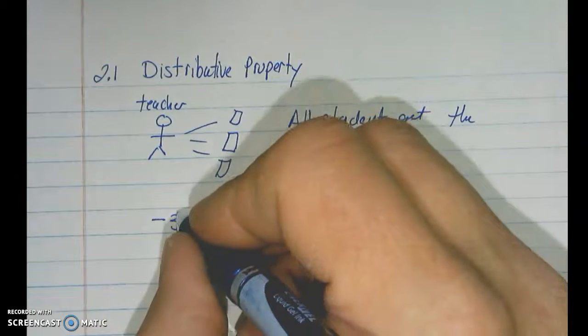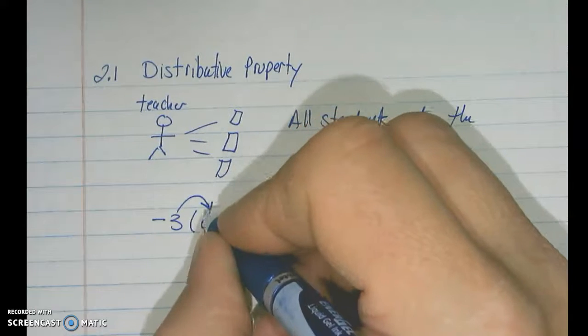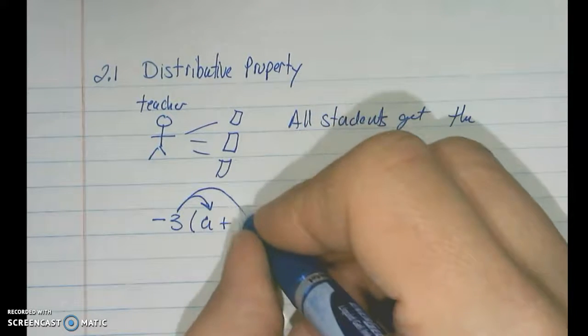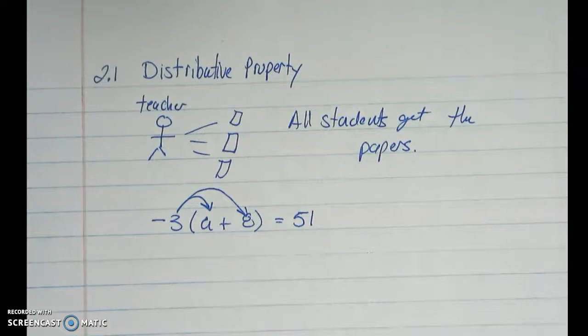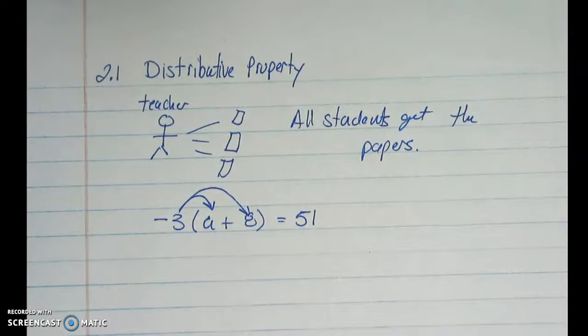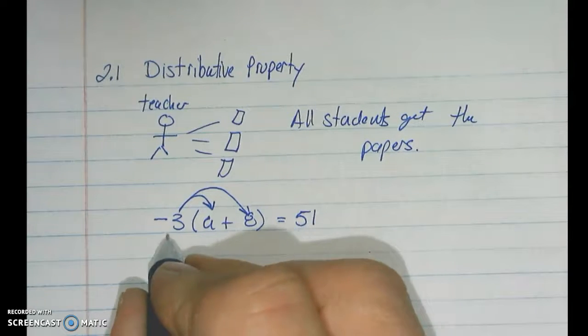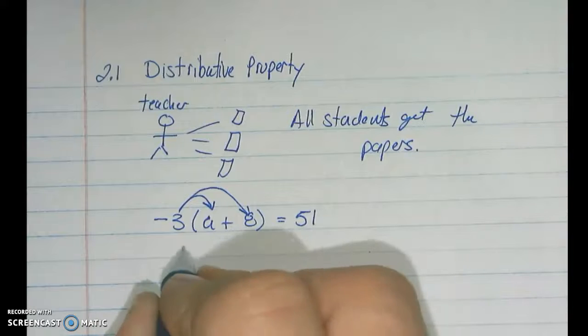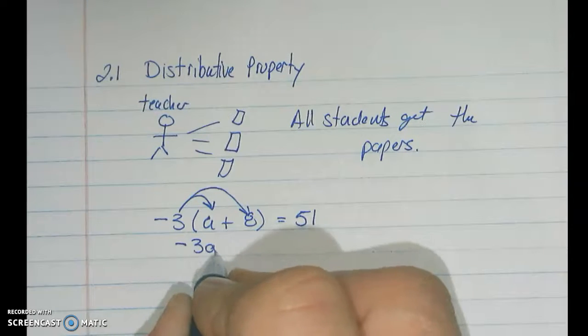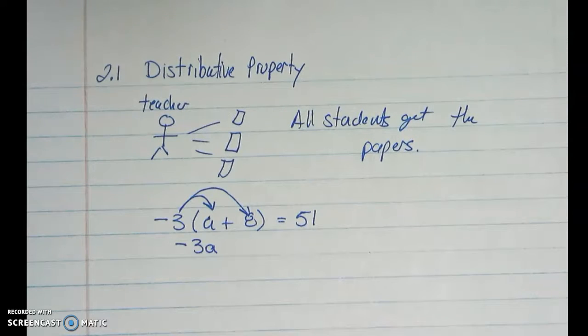So it's going to be multiplied to everything inside the parentheses. We're distributing it to all the students, to all the problems. Okay, so negative 3 times a is just negative 3a.